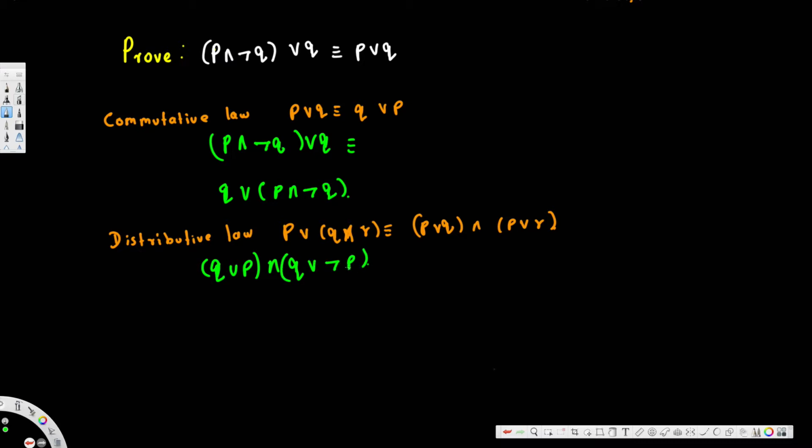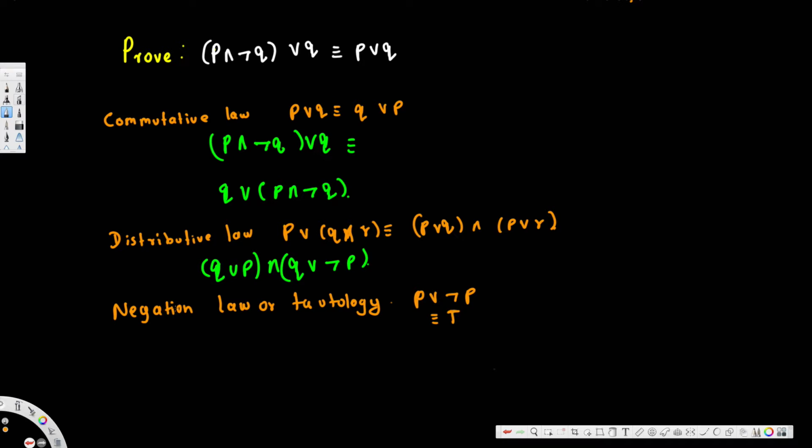Now the next law is negation law, or you can say tautology. Let's look at an example for that. Negation law or tautology says when we have P or not P, it's equal to true, because if one of them is true, the other one is false, and if this is false, this is true. If you have one true in an or statement, it's going to be true, right?